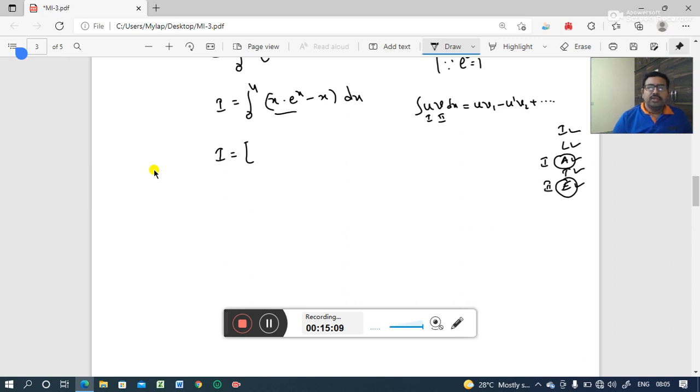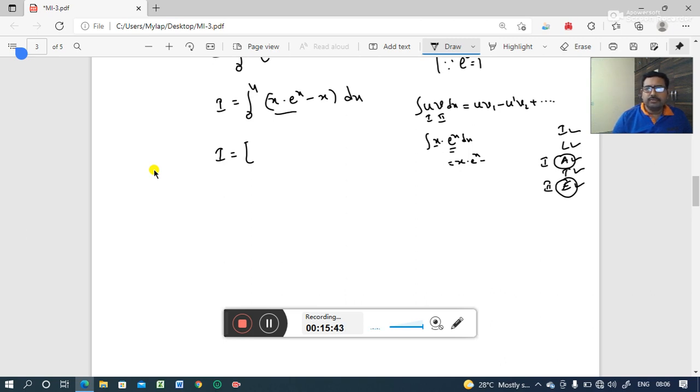So for the integration of x into e power x dx, in place of u we have x, and in place of v we have e power x. Let us integrate: u into v1, where u is the first function, x as it is, and v1 is the integration of the second function. The integration of e power x is e power x itself, minus u dash, which is the differentiation of the first function.